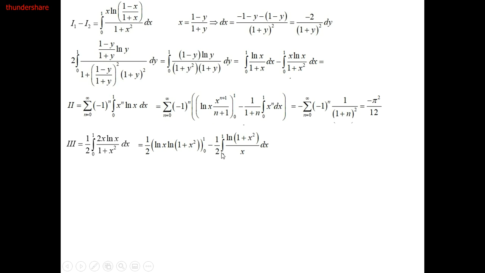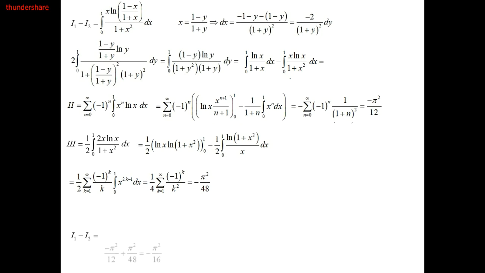We will reach this level, and by also using the Taylor series of ln(1 plus x squared), we will find that it will equal at the end negative pi squared divided by 48. And after we substitute these two values in these integrals, we will find the third relation: I1 minus I2 equals negative pi squared divided by 16.